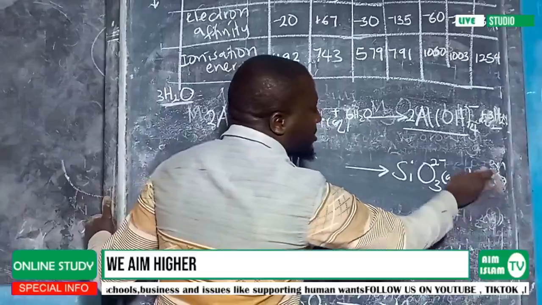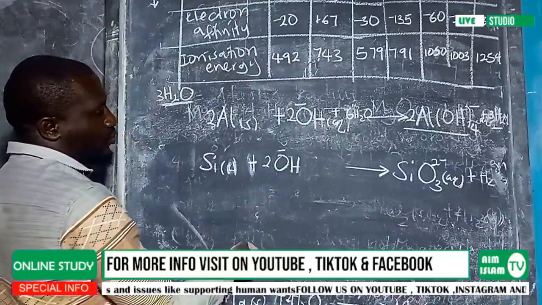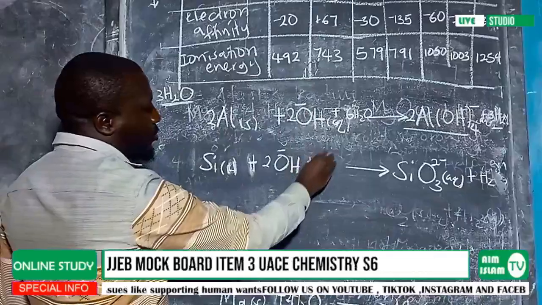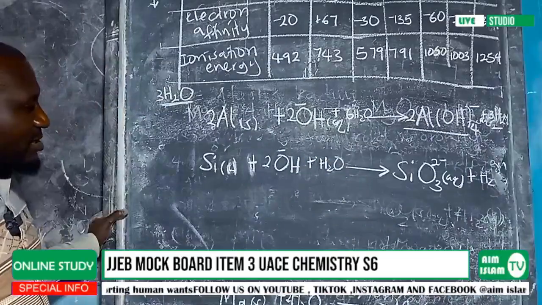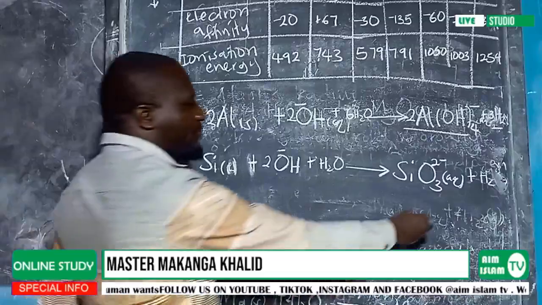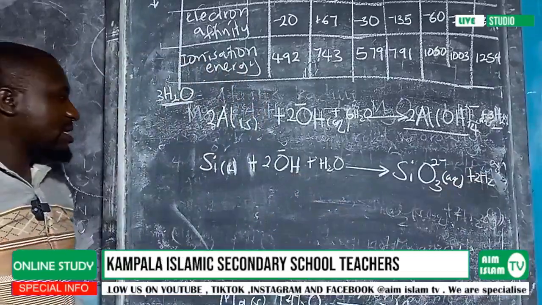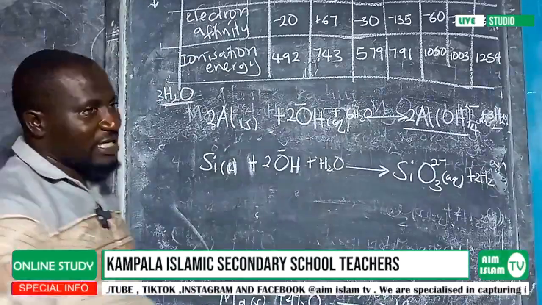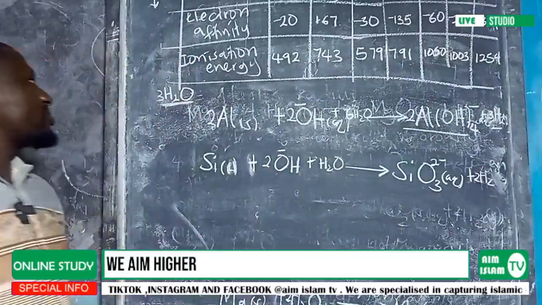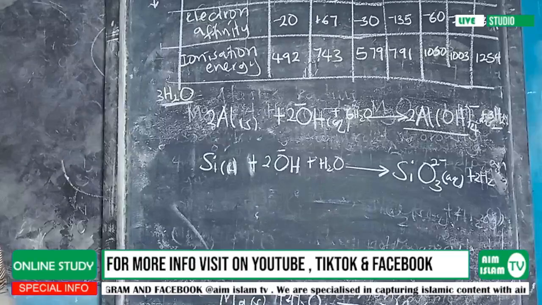Then here you balance with 1 water molecule. Then hydrogen here, so that is balanced. You form silicate and hydrogen. So that's the reaction with the concentrated alkali.